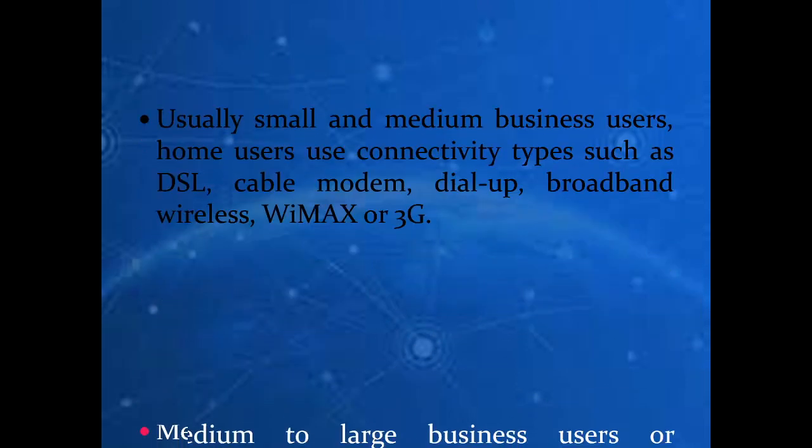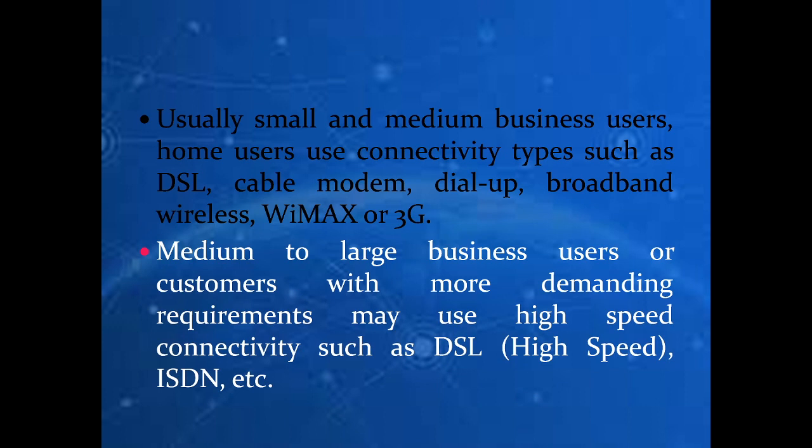Okay, so usually small and medium business users or home users use connectivity types such as DSL, cable modem, dial-up, broadband, wireless, WiMAX or 3G. So for small business purposes or for home purpose we are using these things.